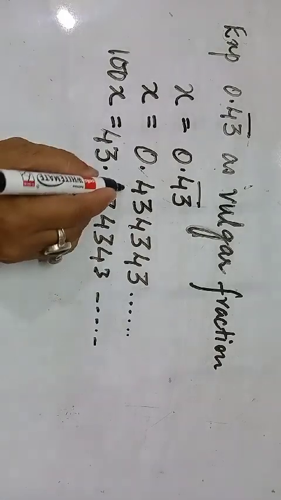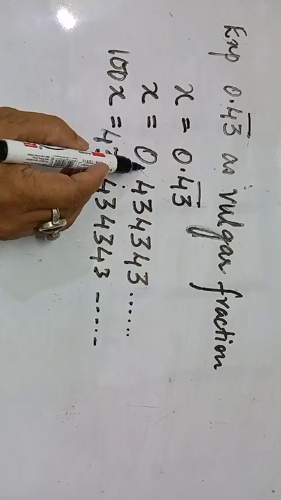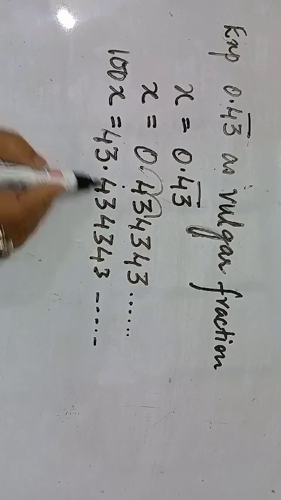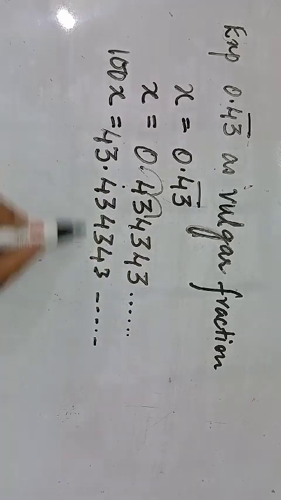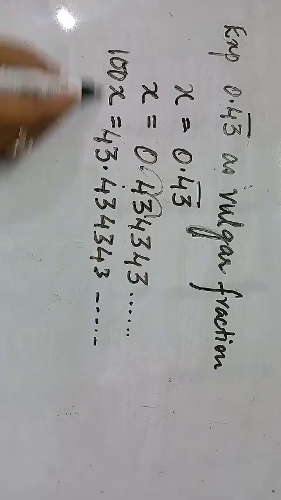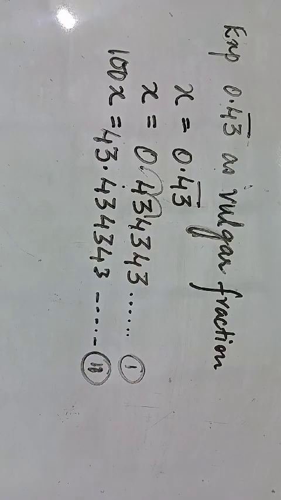Now you see it is after multiplication by 100 that the decimal has moved 2 places, so that you have the same decimal numbers repeating. So let's say this is equation number 2, and this is equation number 1.